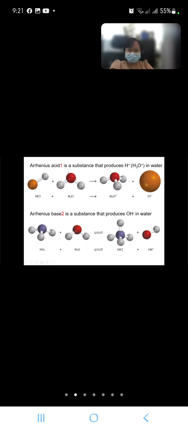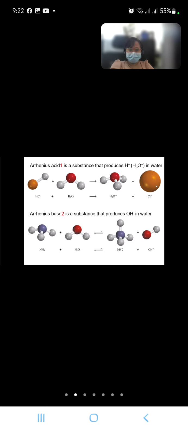It is a substance that produces hydrogen ion or hydronium ion. H plus is hydrogen ion. H3O plus is hydronium ion. Okay? They have the same meaning. So, when an acid is dissolved in water, it will produce hydrogen ion or hydronium ion in water.